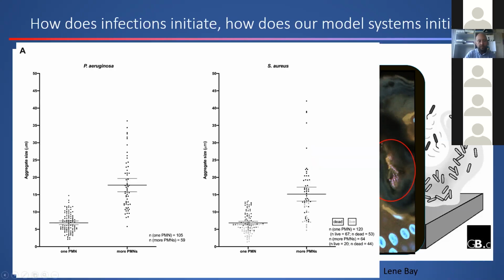You can see from these experiments that a normal phagocyte can phagocytose aggregates of 7 to 10 micrometers. And if the aggregates are bigger, more neutrophils are needed to do that.